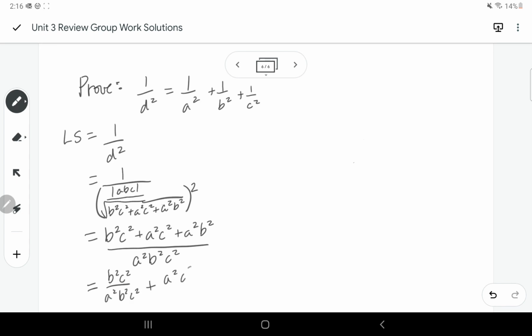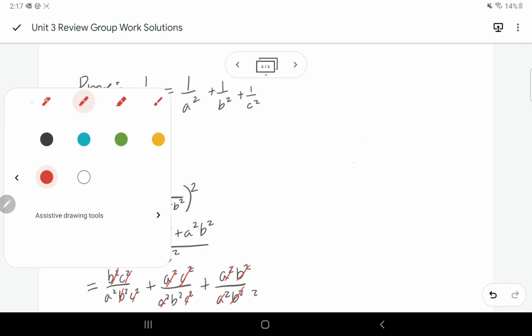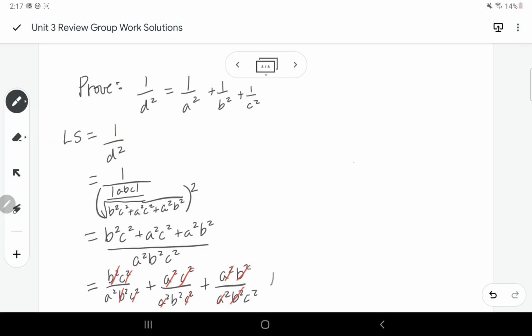And then hopefully you guys are starting to see, I will have a bunch of stuff that cancels. So then this is equal to 1 over A squared plus 1 over B squared plus 1 over C squared, which is the same as the right-hand side.